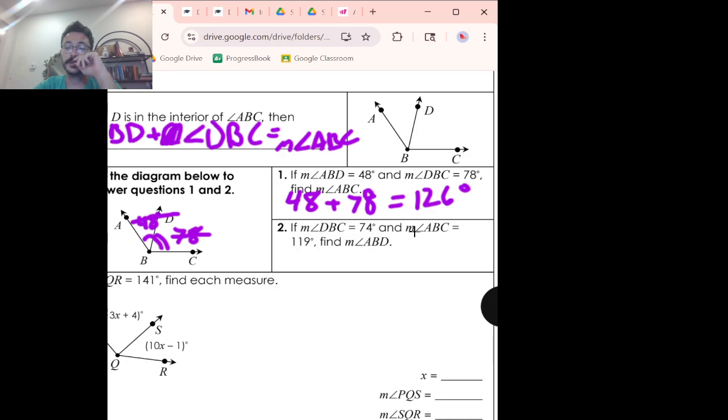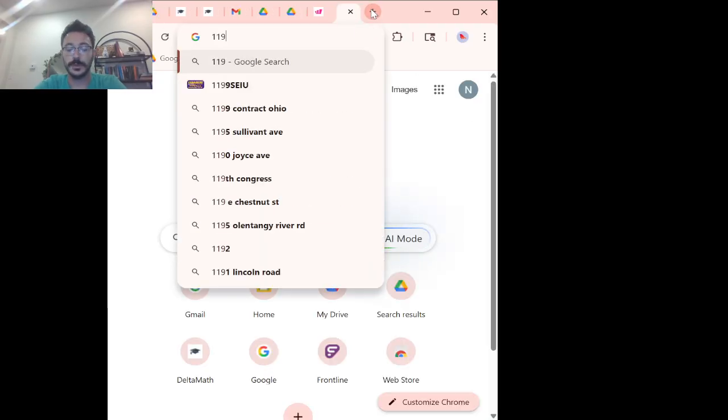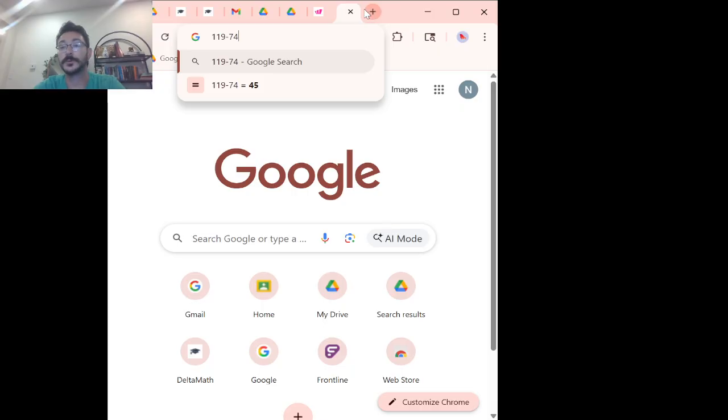But essentially, the whole thing is now 119 because that's ABC. We know DBC is 74. I can subtract that and find the missing amount.